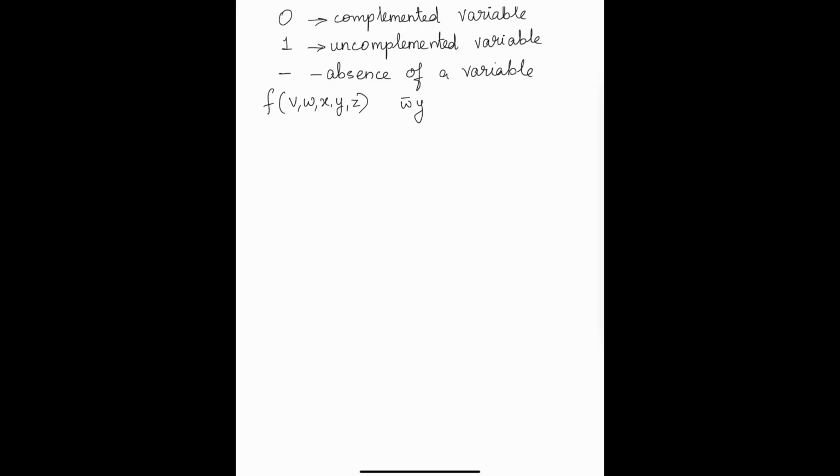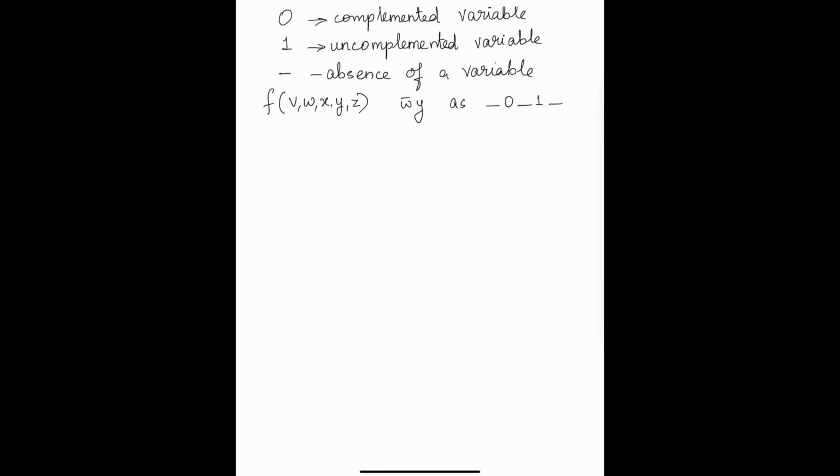Here v is absent, so that can be represented by a dash. W is represented as w bar, so it is represented by 0 as it is complemented. X is missing, so again a dash, and y itself is an uncomplemented variable, so 1, and then again a dash. So this is how we represent it.